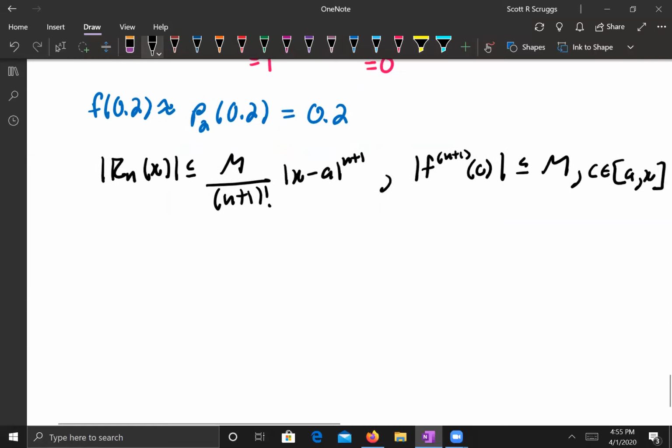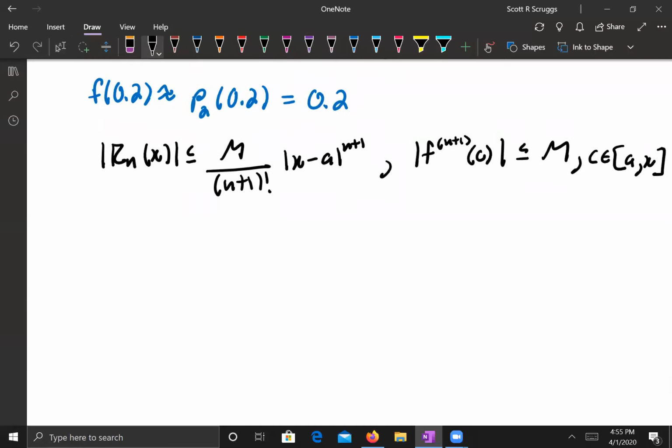So let's go through first how we can get that. Since I know x is 0.2, and I know my center is 0, I could just replace that with the interval 0 to 0.2.